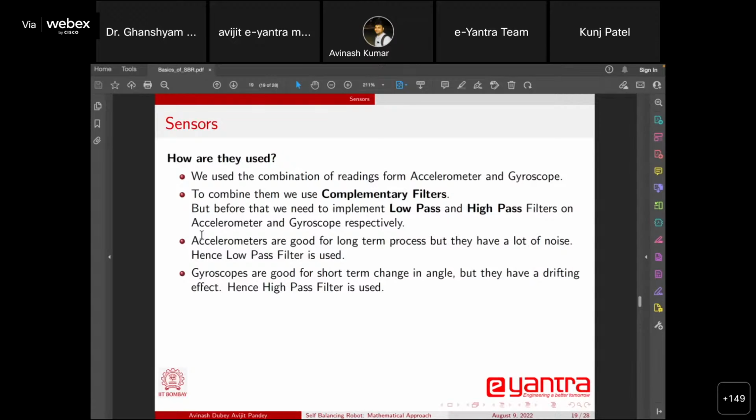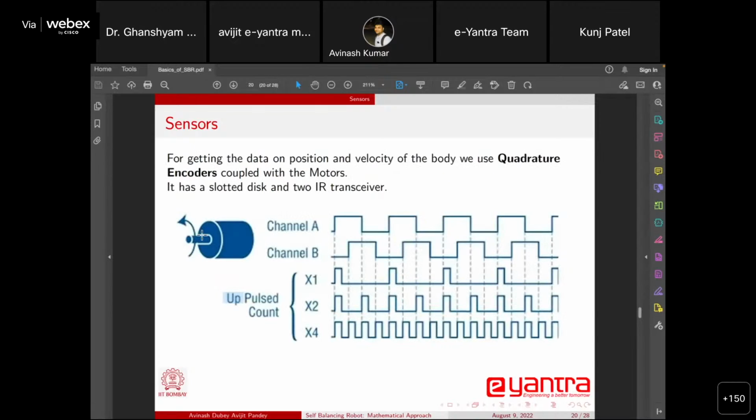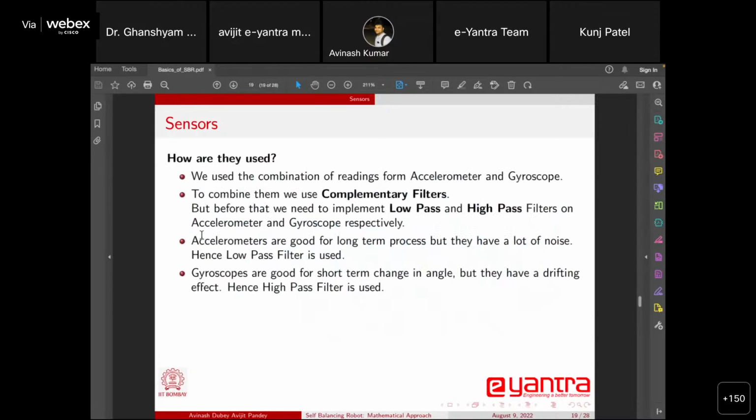So in the long term, the gyroscope data is not trustable. So for the short term, we use gyroscope data, and for the long term, we use accelerometer data. That's why low pass and high pass filter. After reading those values, we combine the gyroscope angle and accelerometer angle using a complementary filter. Once you have the angle, you have basically measured the state of the body.